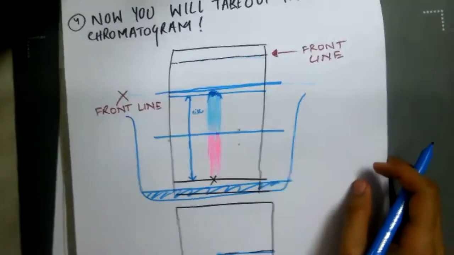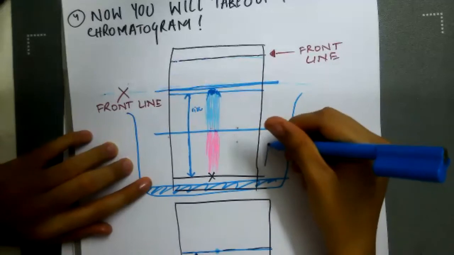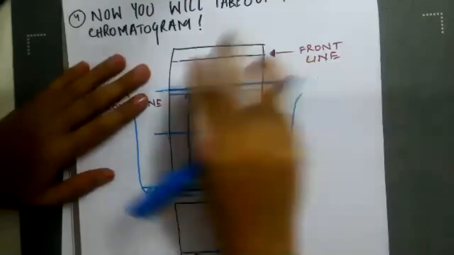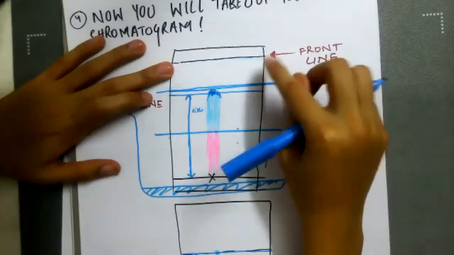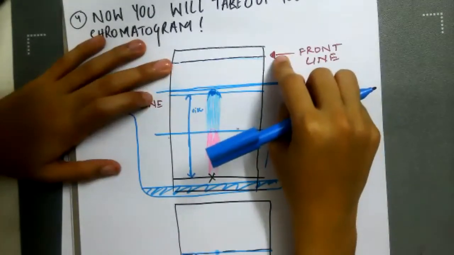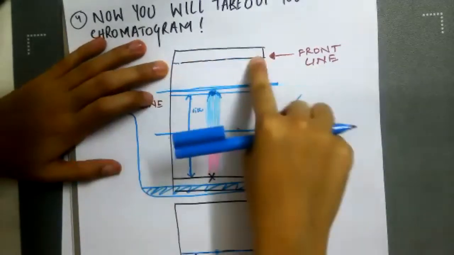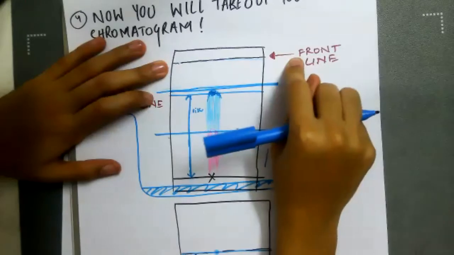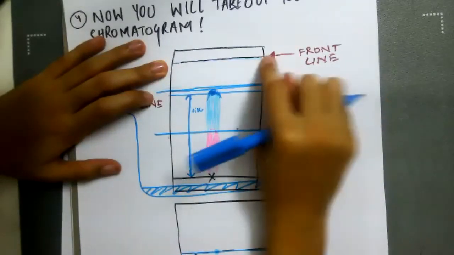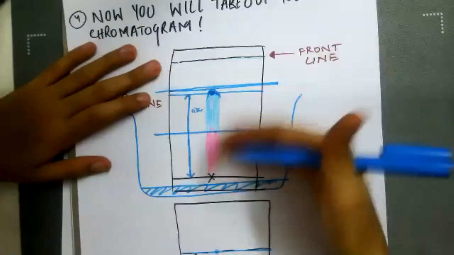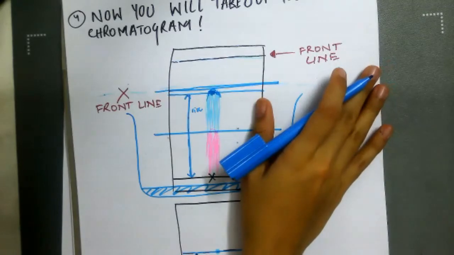The water is absorbed by the filter paper, and it's carried up by capillary action. The level to which it rises is the level to which it runs. So we're going to personify this. The level to which it runs is called the front line. So we can also call it the solvent front. And then we can call it a run because it ran up, because it moves really fast. So solvent front and run are the same thing.